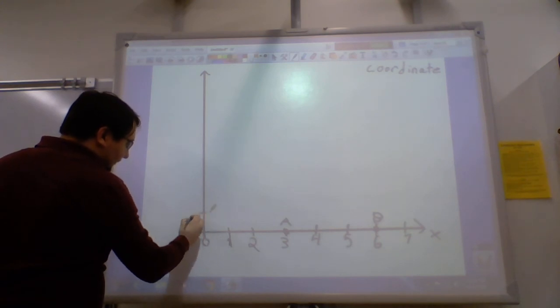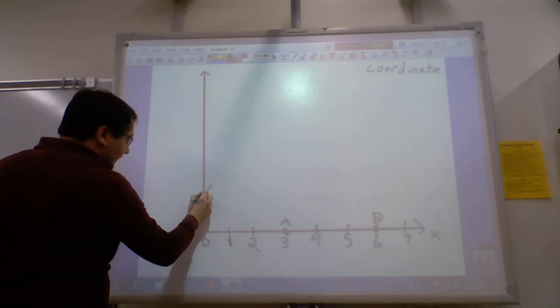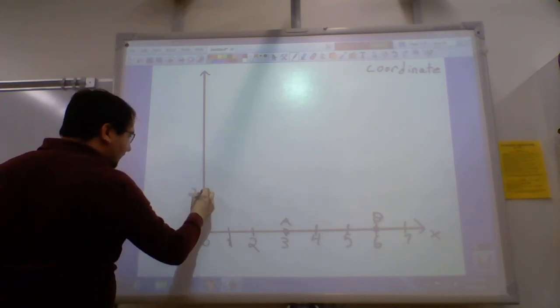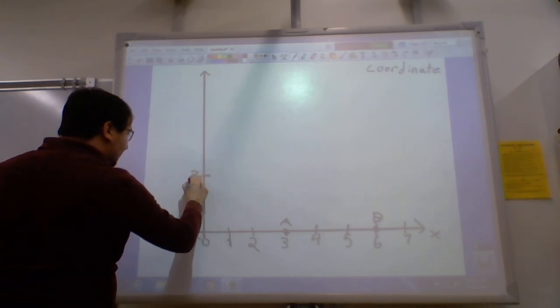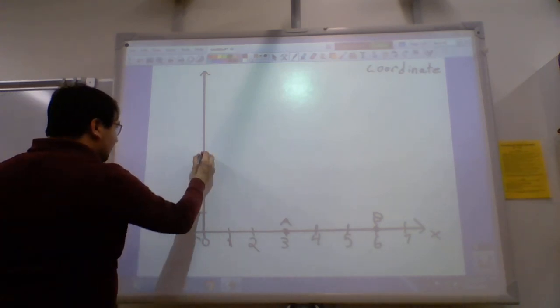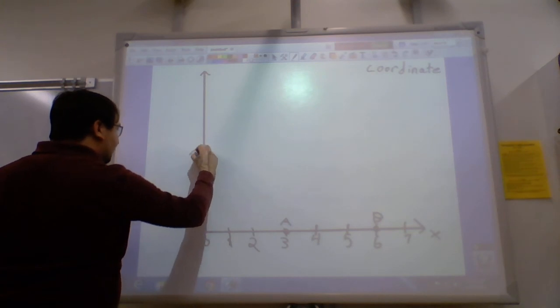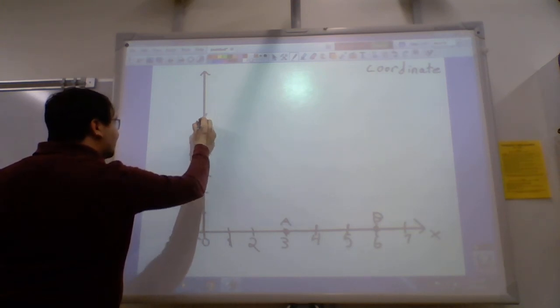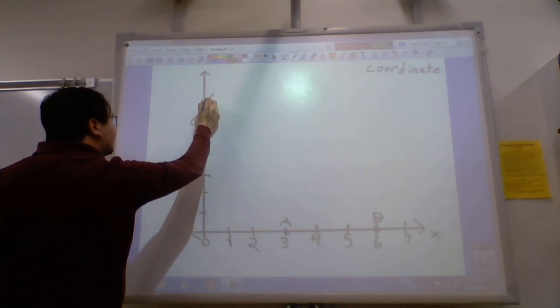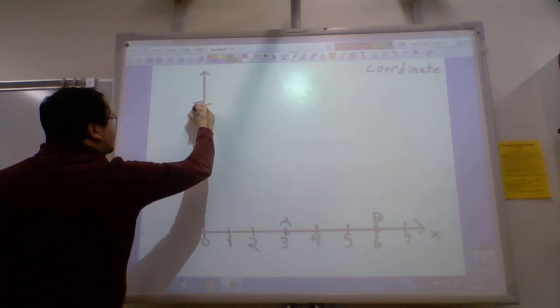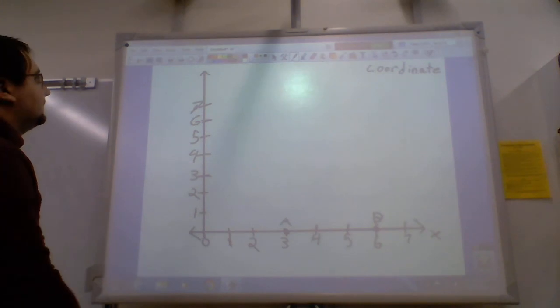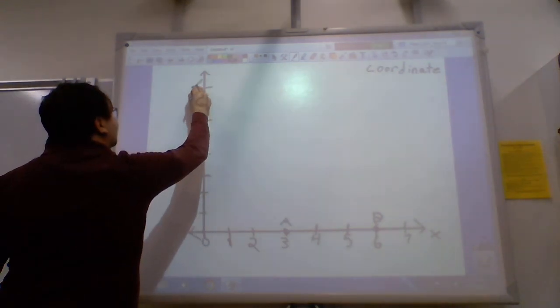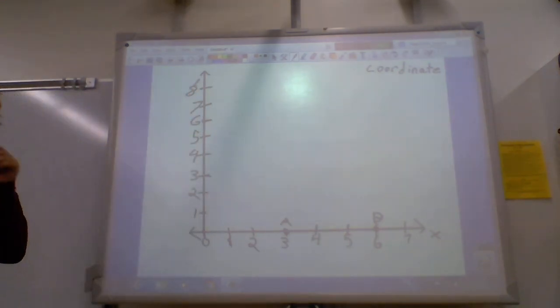There we go. This one's 1. This one's 2. This one's 3. 4, 5, 6, 7. This one can actually go up to 8, so I'm going to stop at 8 for this one.